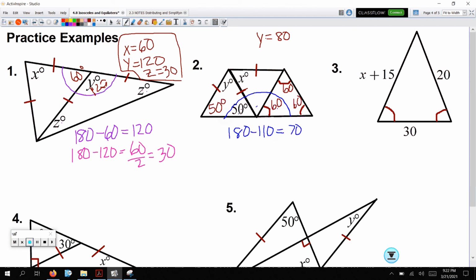Because the measure of a line is 180 degrees, so that's why this is 70. So if that's 70, this is 70 here. And then we just subtract to find the vertex, right? 70 plus 70 is 140. 180 minus 140 is 40. So that means X is 40.